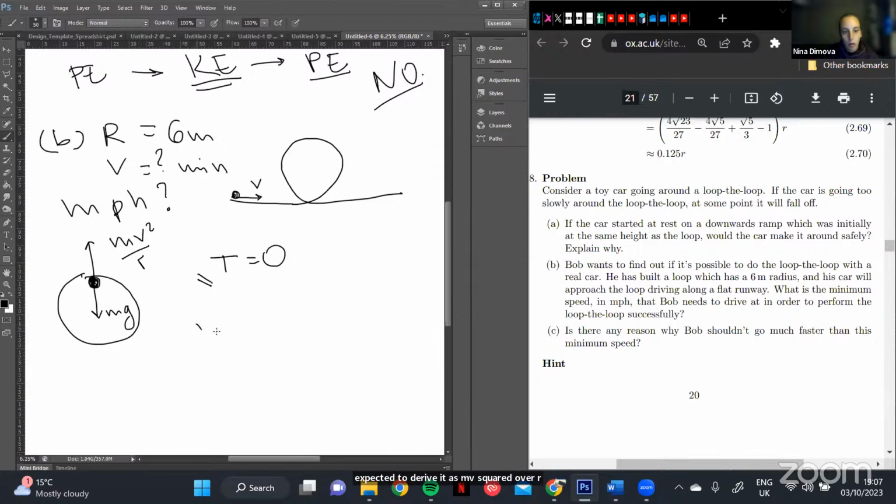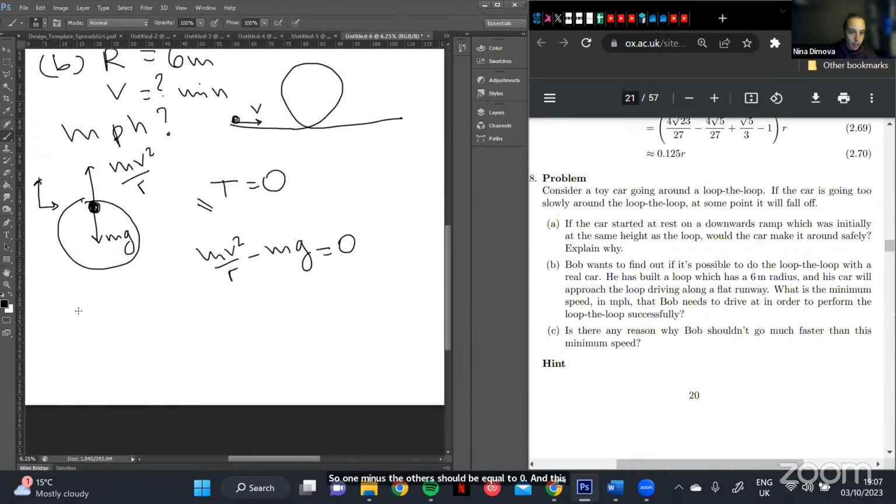So in this case, we want mv squared over r minus mg, because they're acting in different directions. Of course, you can define your coordinate system and like this positive, this negative, or the other way around, doesn't matter. So one minus the other should be equal to 0.